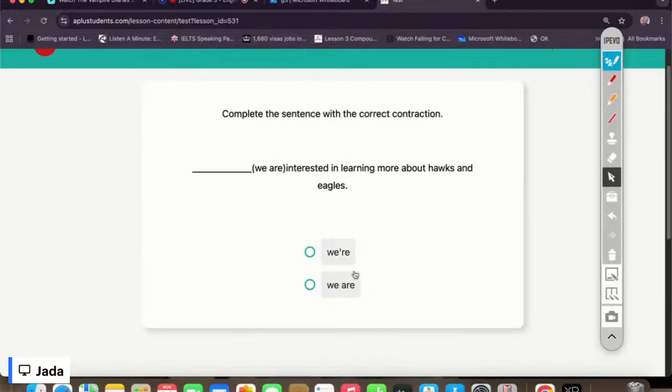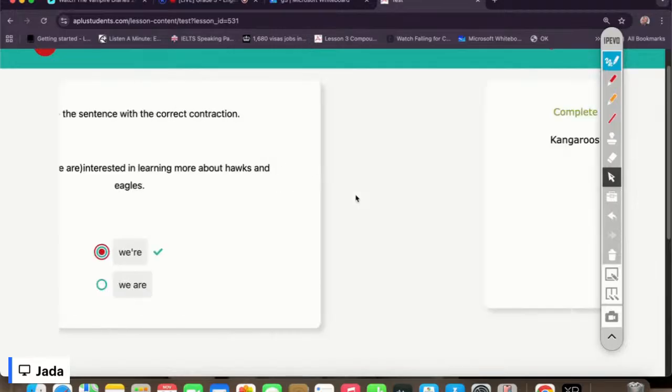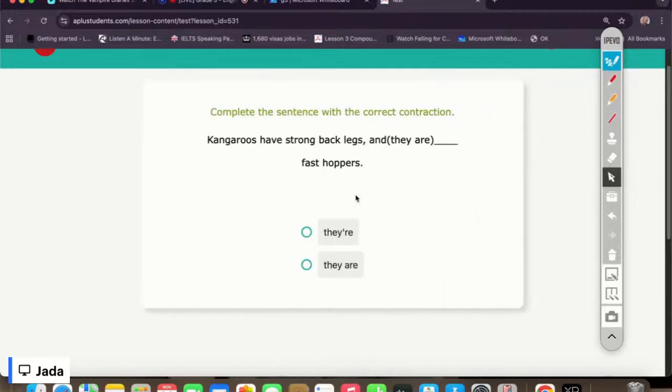All right, so we are good. Then kangaroos have strong back legs and they are fast hoppers. First or second?